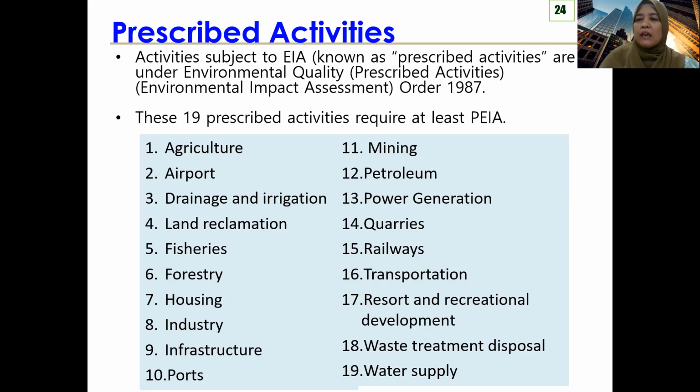It can affect flora and fauna, for instance. It can also impact, if we do land reclamation, for instance. How can it impact the environment?